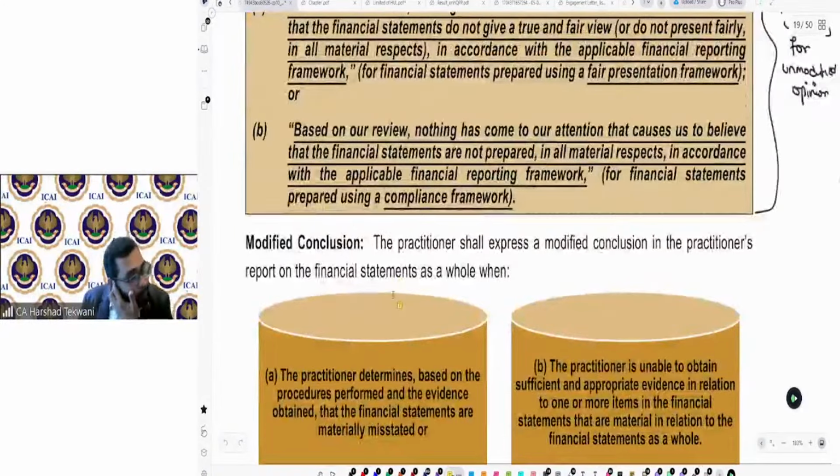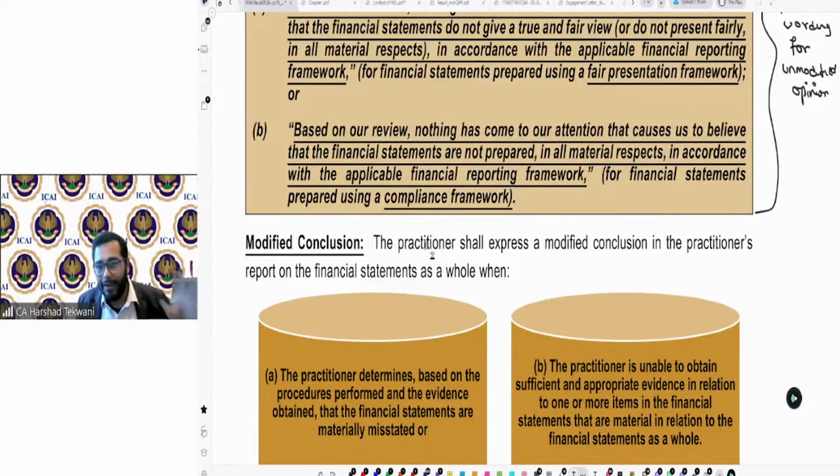Now come to modified opinion. As I told you, we don't have SA 705 applicable over here. If we don't have SA 705 applicable, then how are we going to decide when to issue an unmodified opinion, when to issue a qualified opinion or adverse opinion or disclaimer of opinion?